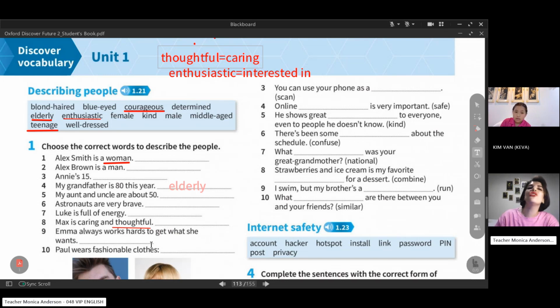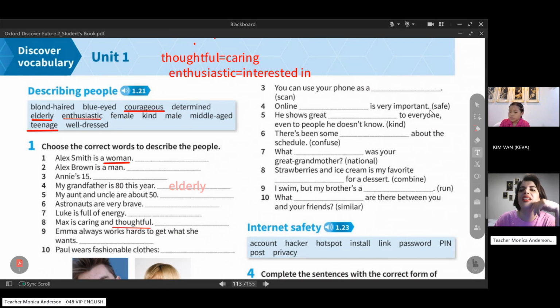She is determined. Yeah, a person who works hard and she or he wants to follow a particular plan or goal, and no matter what happens, even if it's difficult. Yeah, so determined.